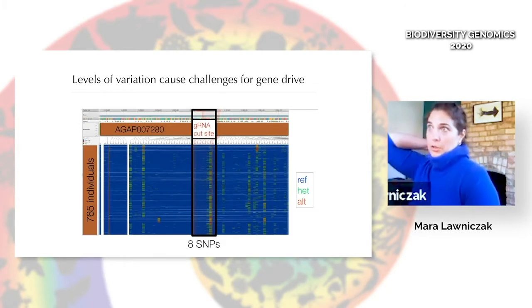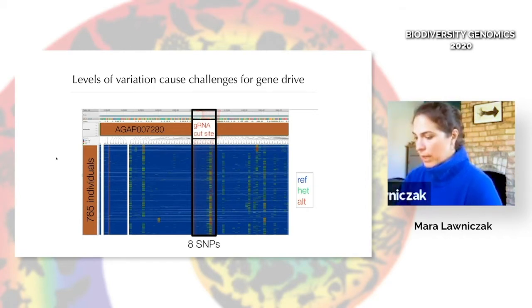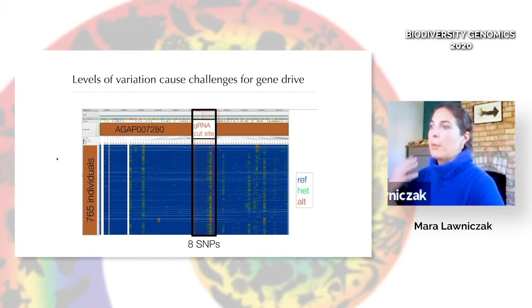I won't talk about gene drive here, but gene drive is a huge area of research in Anopheles in terms of vector control. Basically the idea is that you could release mosquitoes that would either replace a population and make them resistant to parasites or suppress a population and cause it to crash. These are based on CRISPR approaches. And these levels of variation are very problematic for drive, but there's a real good awareness now of how much variation is there.